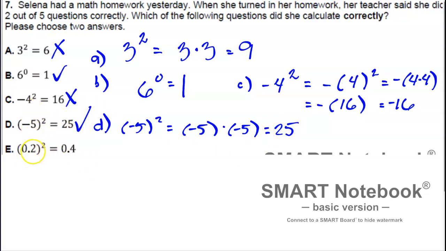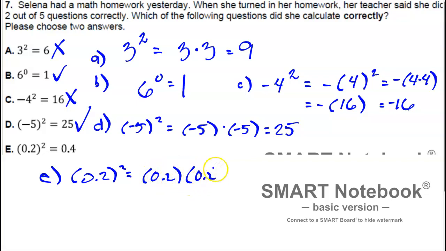And lastly, E. Guess what? They really want to know if we understand bases and exponents. So let's look at this carefully. Now we know 2 out of 5 are correct, so there's the 2. This one must be incorrect, but let's go slow. Here's the base, exponent. Now some of you guys have forgotten the properties of exponents.